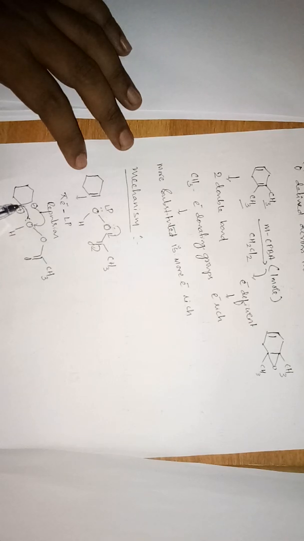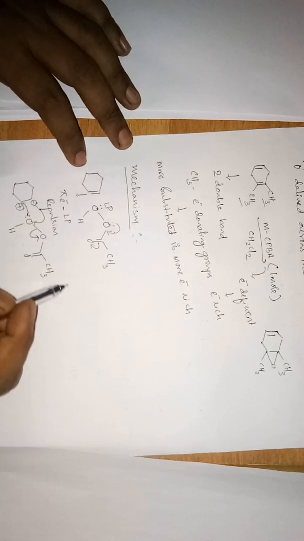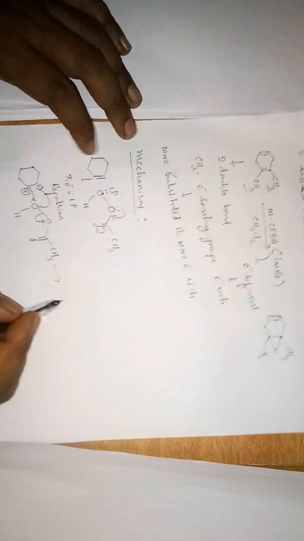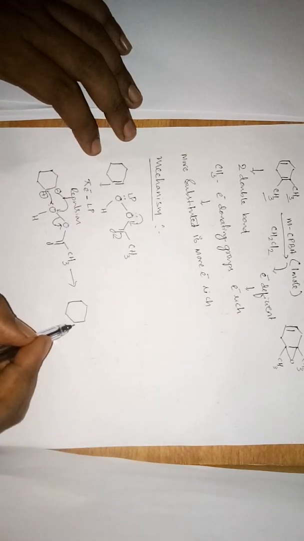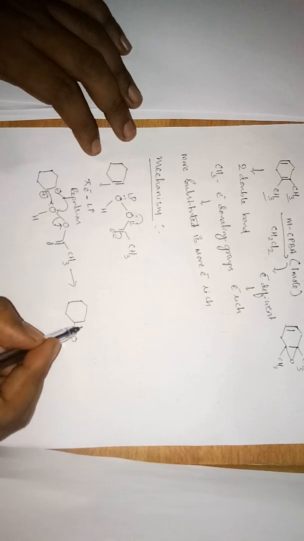Once the lone pair of electrons goes, the oxygen becomes electropositive. It doesn't have an electron, it donated here. The negative charge attacks the same oxygen again. Once it is attacked, this bond breaks. Okay, so we can write this. So we have an oxygen bond here.